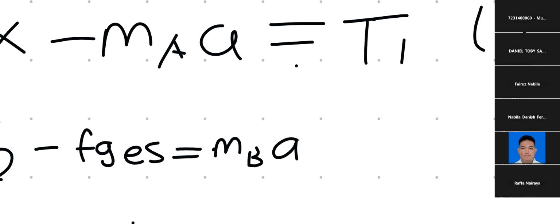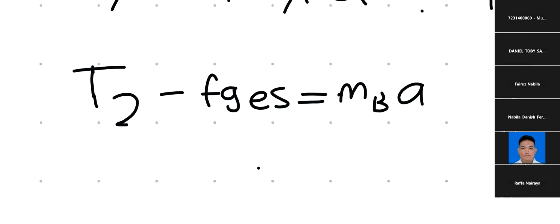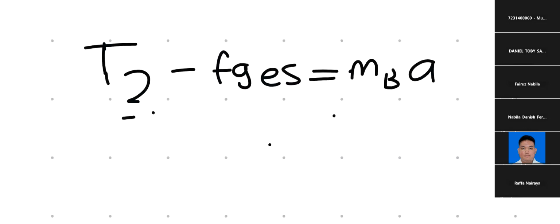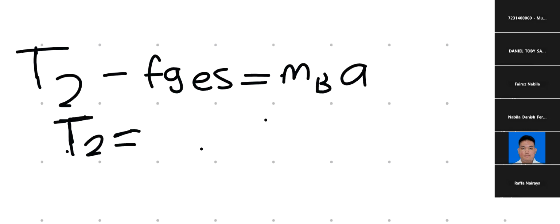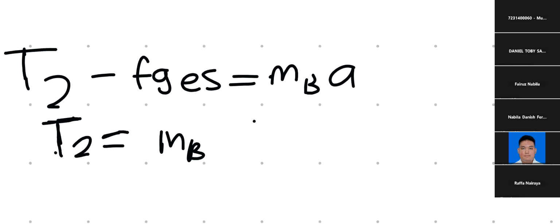Solve it for T2. And what you get is the mass of B times acceleration added with the friction.